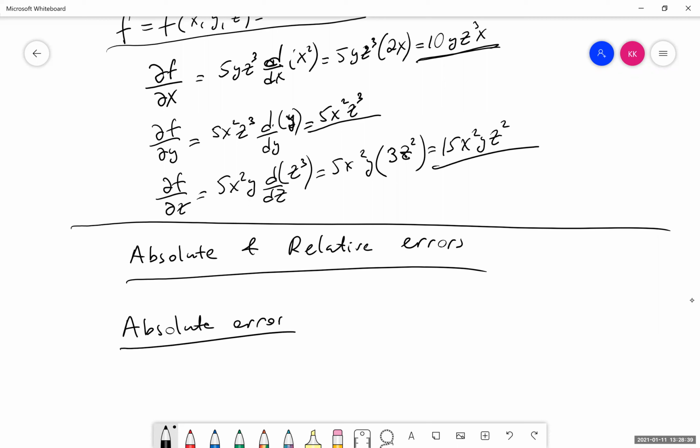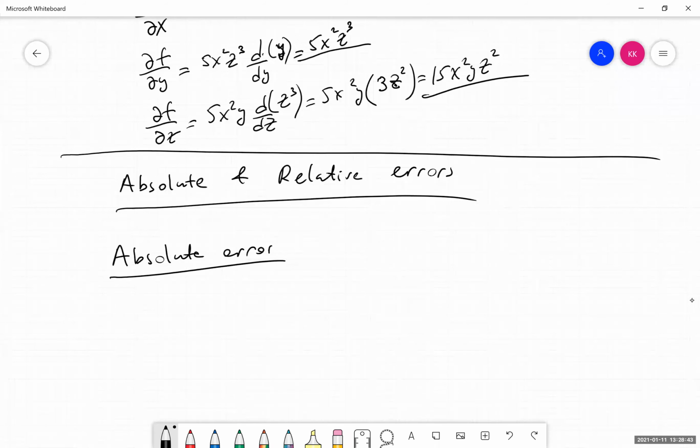Now, let me talk about absolute error first. For this one, we use the Greek delta. Sigma is the uncertainty or the standard deviation for a quantity that you directly measure, but delta is for something that you are calculating or deriving.